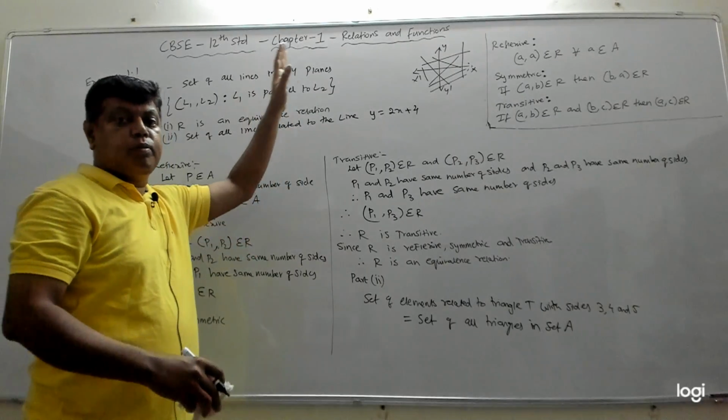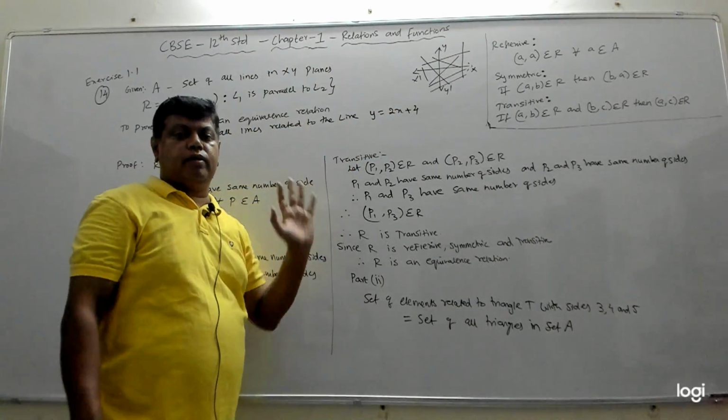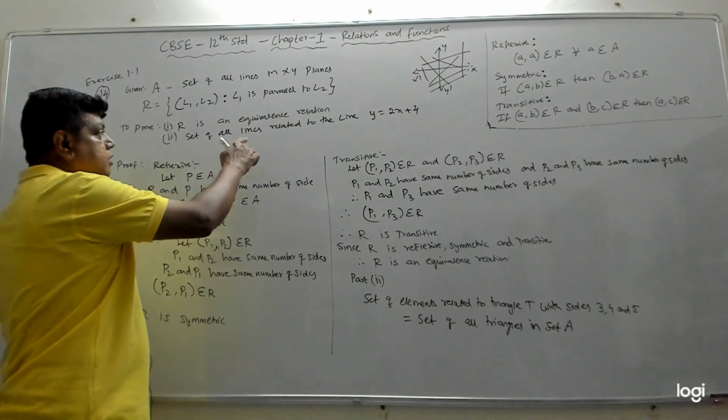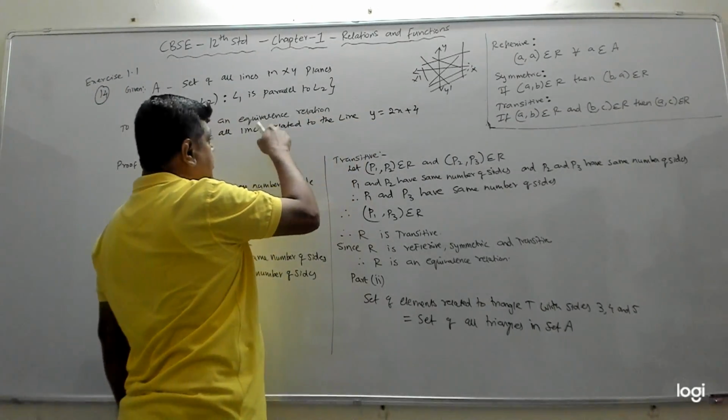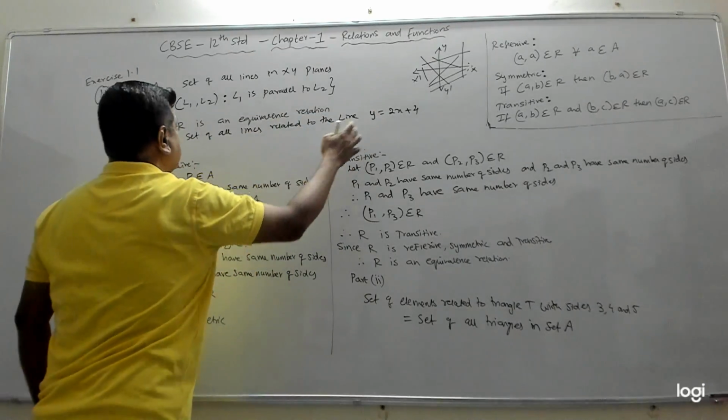What are all the lines that will be related to this line? We should find all the lines which are parallel to this line, because the lines related to this line must be parallel to it. Any line that is parallel to this line will be related to this line. Anyway, that is the second part.